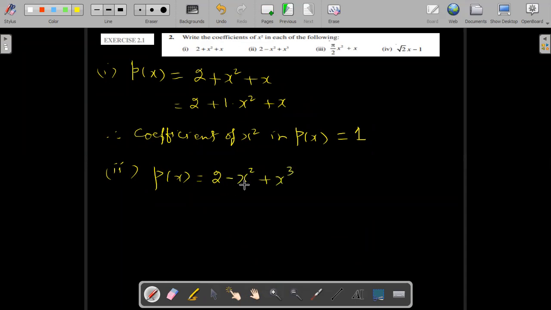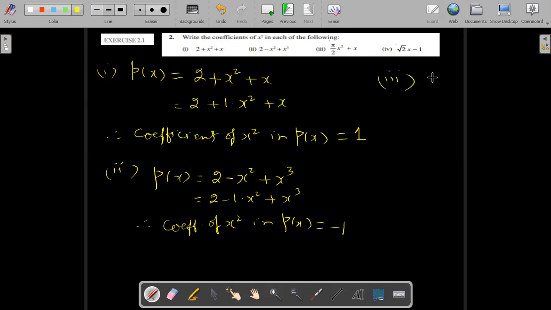We studied this in class 8 also. Before x square, the coefficient of x square is minus 1. Here we have minus 1x square plus x raised to power 3. So the coefficient of x square in this polynomial is equal to minus 1.